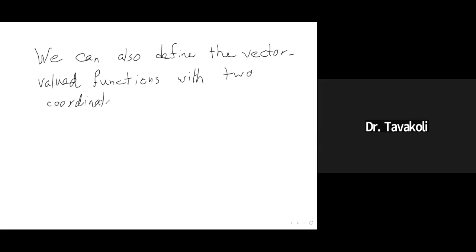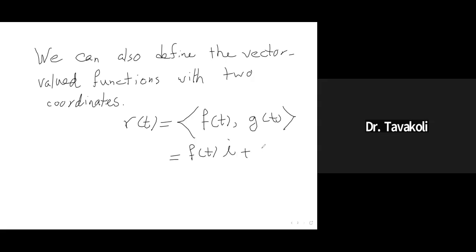What do I mean by two coordinates? It means that r of t is the vector consisting of two coordinates, f(t) and g(t). Or in terms of the other notation, I can show that by f(t) i plus g(t) j.